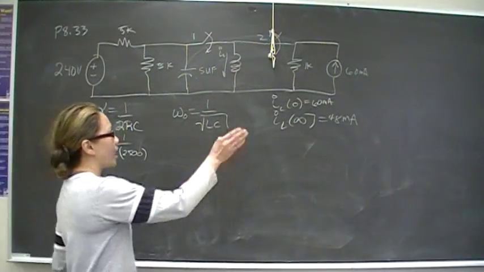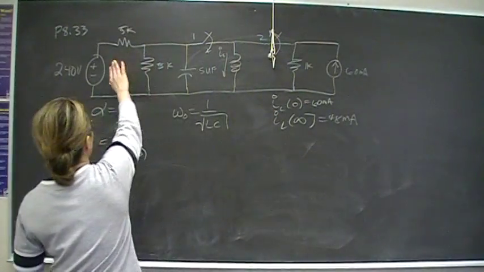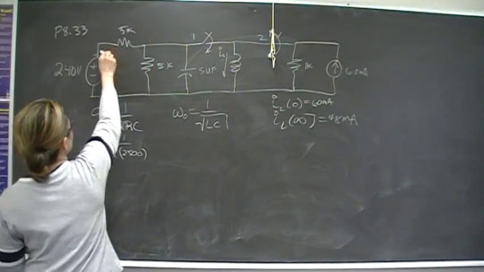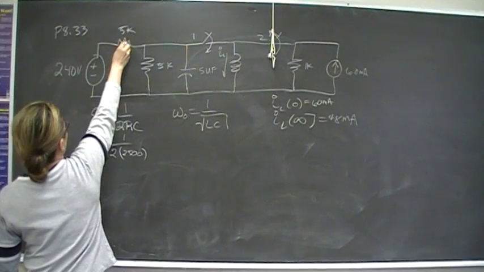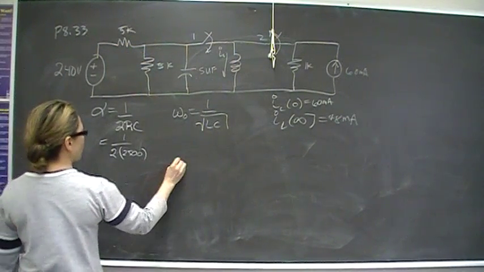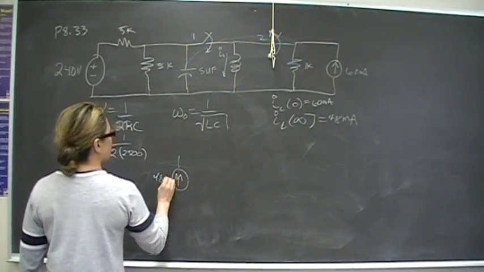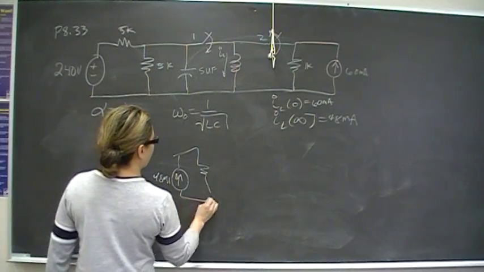So anything before time 0 becomes irrelevant. We don't care about that. So we're looking at this one. And this, once we source transform, is really this in parallel with that, right? So once we source transform, what we really have is 48 milliamps like that.